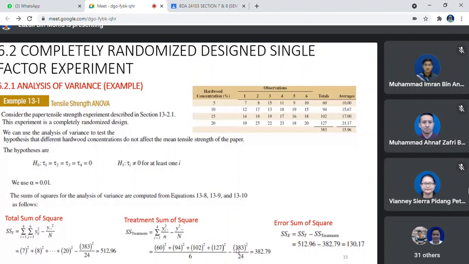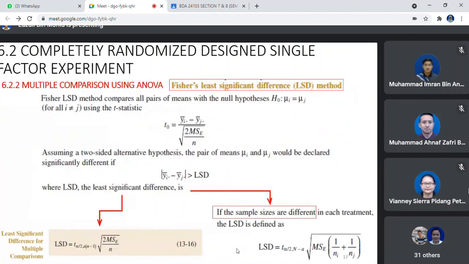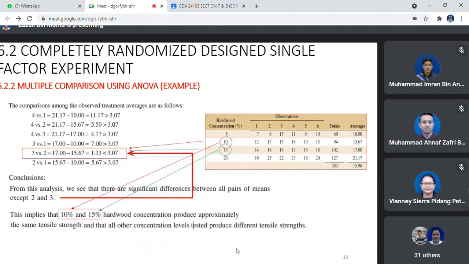Calculate the SST, SS treatment, and then do the analysis of variance comparing the F0 and F table, and also please try to compare between levels, as shown in 6.2.2.